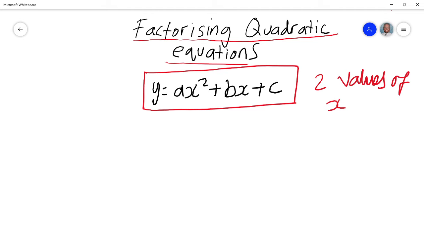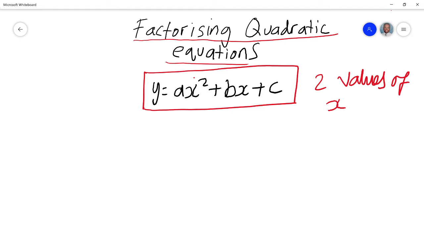So x could be 1, could be 2, could be -1 or -5. How do we know that you've got two values of x? Because you've got x squared there. That tells you that you're going to have two values of x.